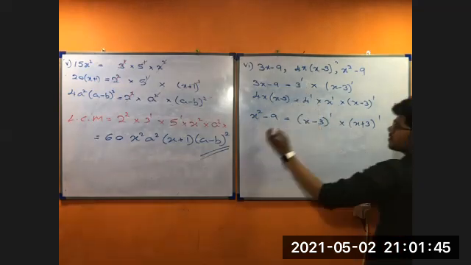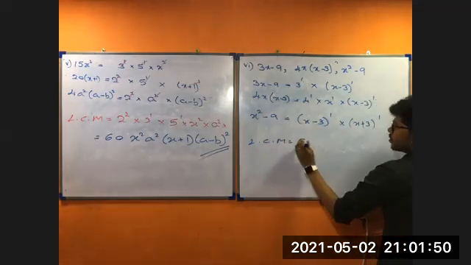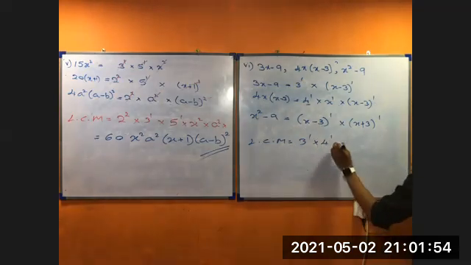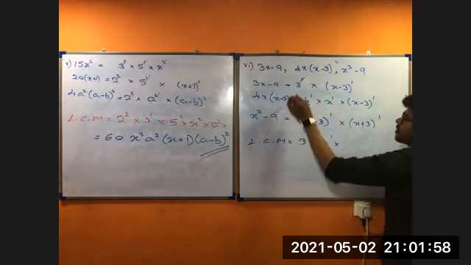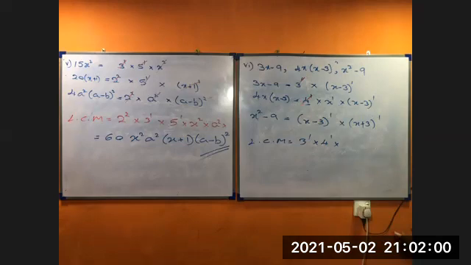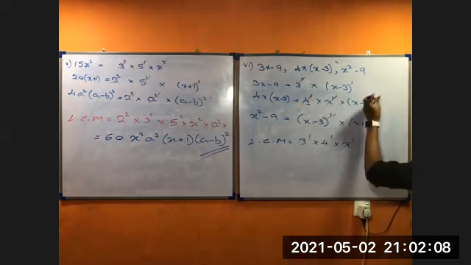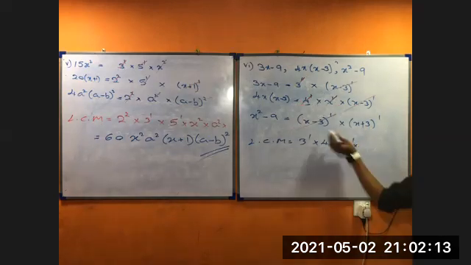So LCM is going to be 3 to the power 1 multiplied by 4 to the power 1 multiplied by x to the power 1, then x minus 3 highest power, which is 1, right?